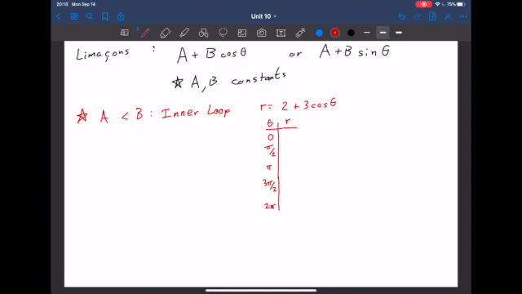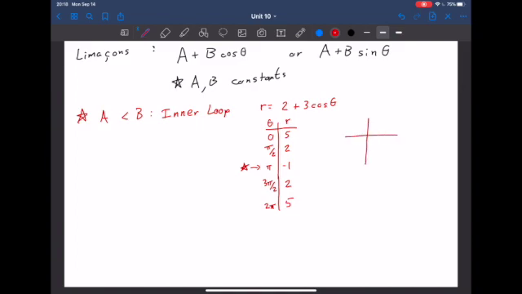What do we have here? 3, 2, 1. I have a radius of 5, a radius of 2, a radius of -1. Uh-oh, that's the issue. This is the interesting part. Back to 2, back to 5.